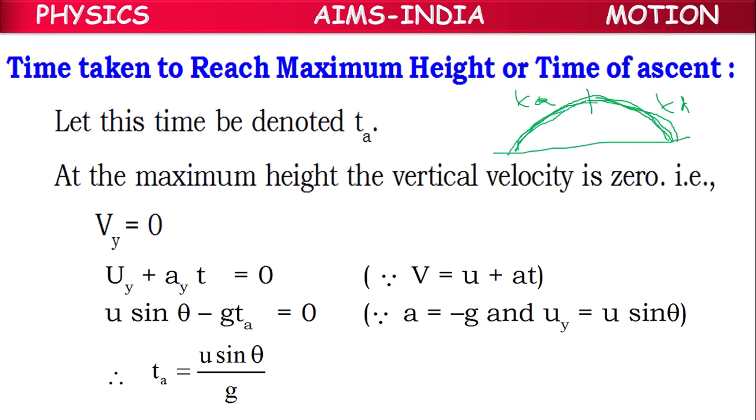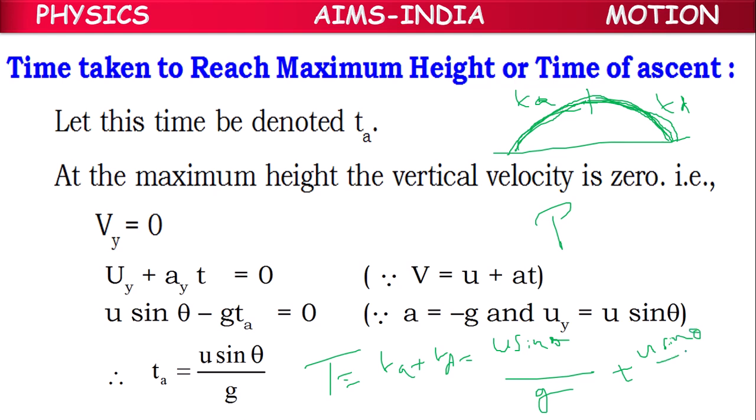During both the time of ascent and the time of descent, the body is in the air. The time spent by the body in the air is known as time of flight, capital T. Time of flight is equal to the sum of time of ascent and time of descent. Time of ascent is u sin theta by g, time of descent also u sin theta by g.